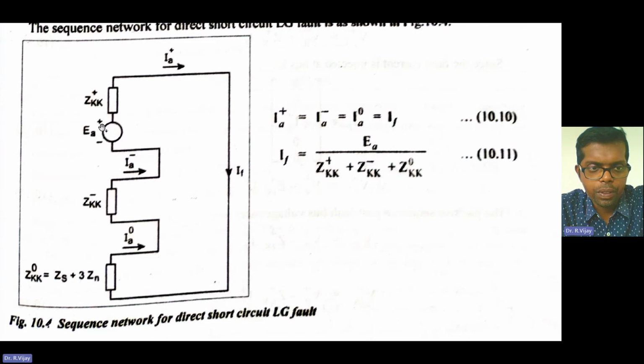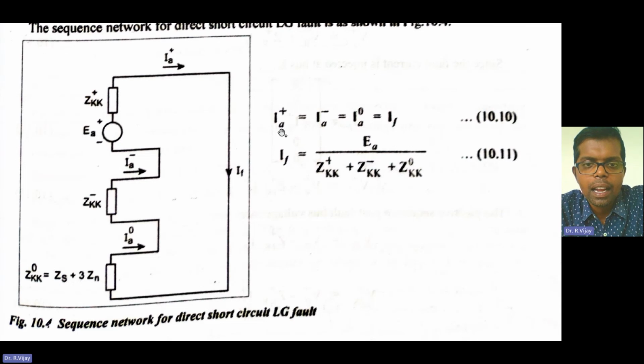For the negative sequence we have the current IA negative and the impedance ZKK negative, and here IA zero. Here ZKK zero is equal to ZS plus 3 into Zn, as seen in our previous formulation.